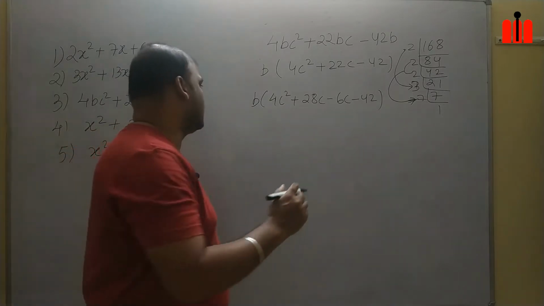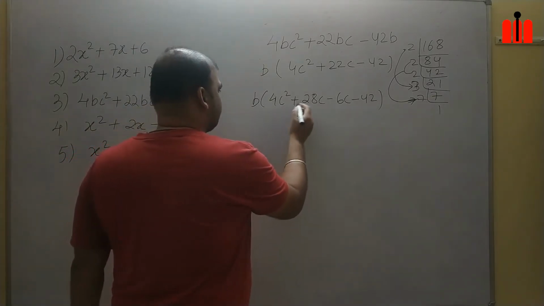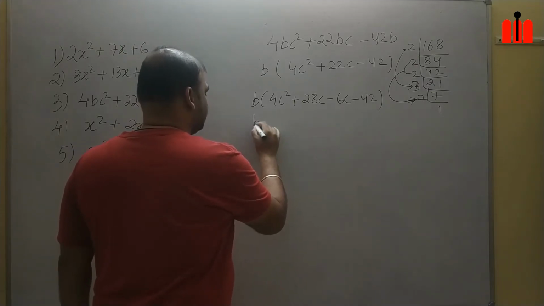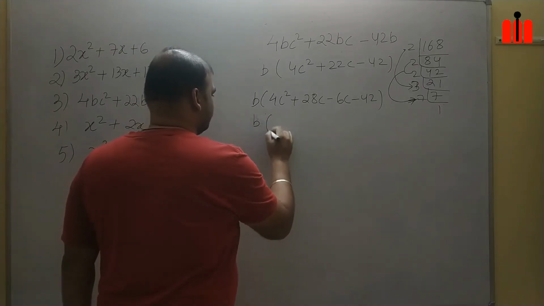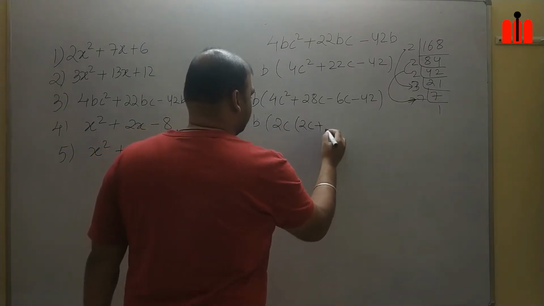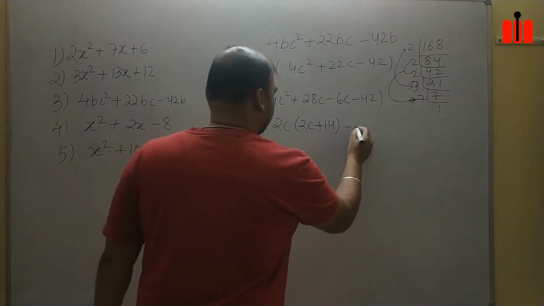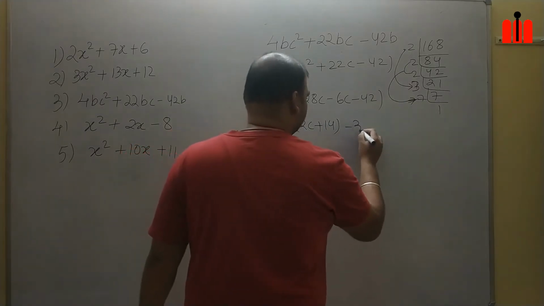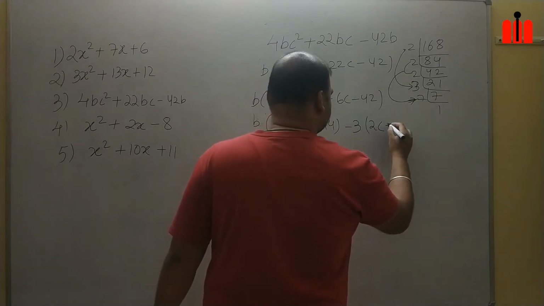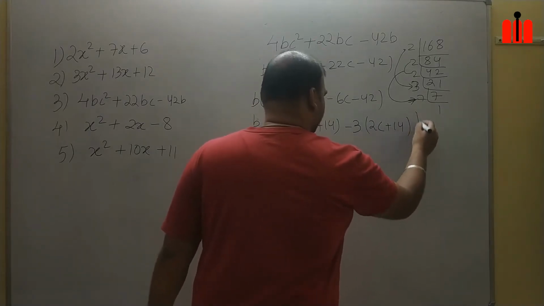Okay. Now you take 2 common here, so 2c into 2c plus 14. And here you will take 3 common, so it will be 2c plus 14. Okay.